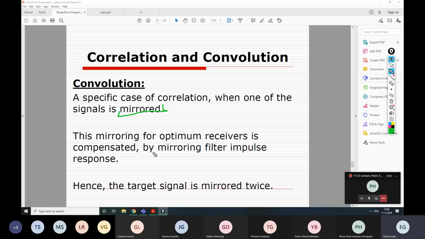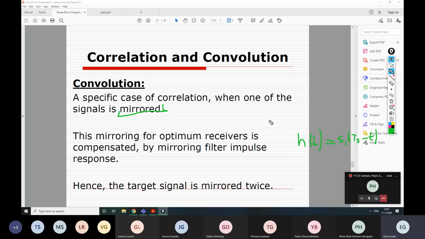Now, since we need for our receiver to anyway calculate correlation, then we really have to mirror another signal or the same signal one more time. So basically, for the optimum receiver, if we calculate convolution, then we need to mirror the signal, and we do that when we create an impulse response of our desired target signal. Like this. This is the time when we perform the second mirroring.